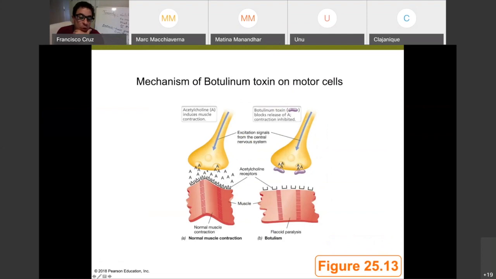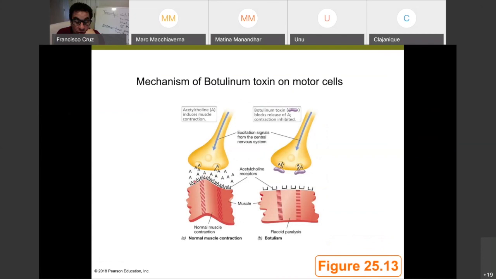Anyway, so what you have here on the left is a normal neuromuscular event where you have a motor neuron. Motor neurons stimulate muscle cells to contract. Normally the neuron releases acetylcholine.